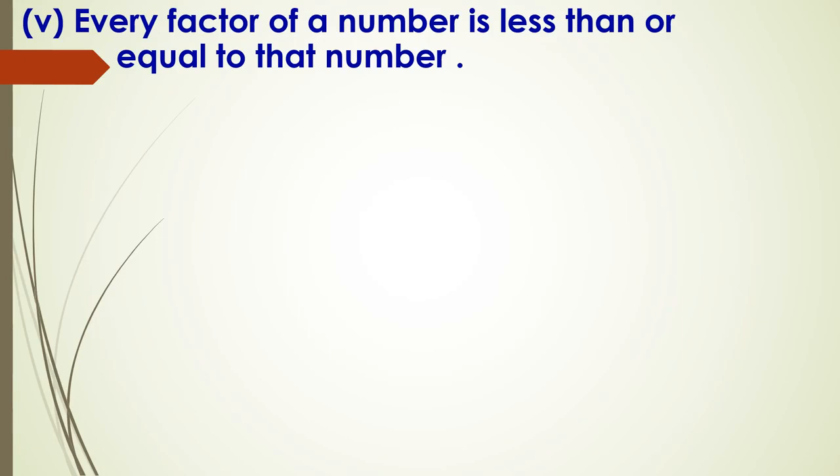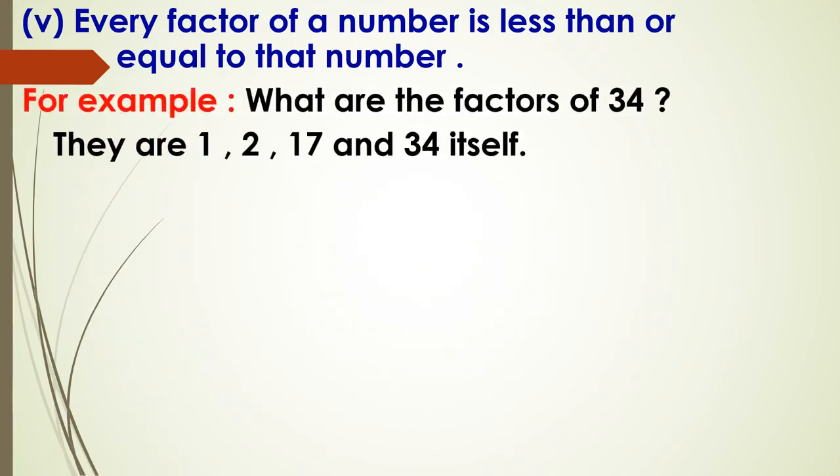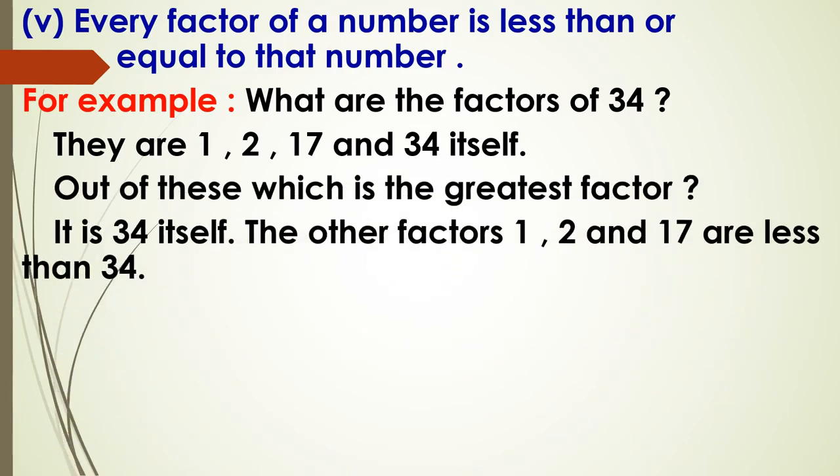See the example. Now here we are finding the factors of 34. They are 1, 2, 17 and 34. Out of these, which is the greatest factor, tell? 34 is the greatest. 34 itself. So the other factors 1, 2 and 17, they are less than 34.